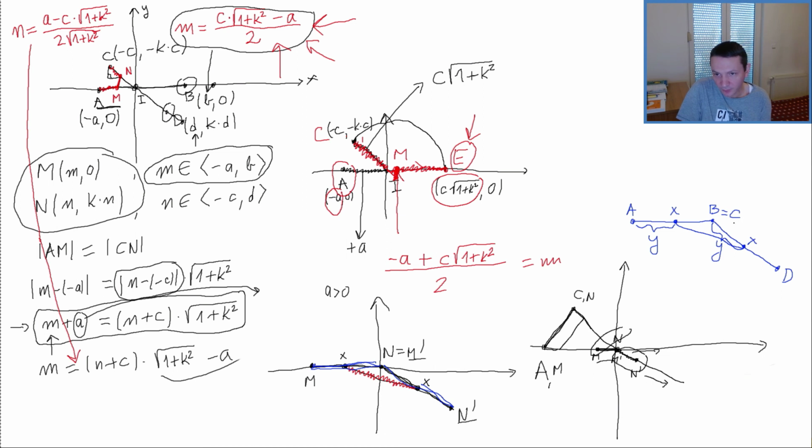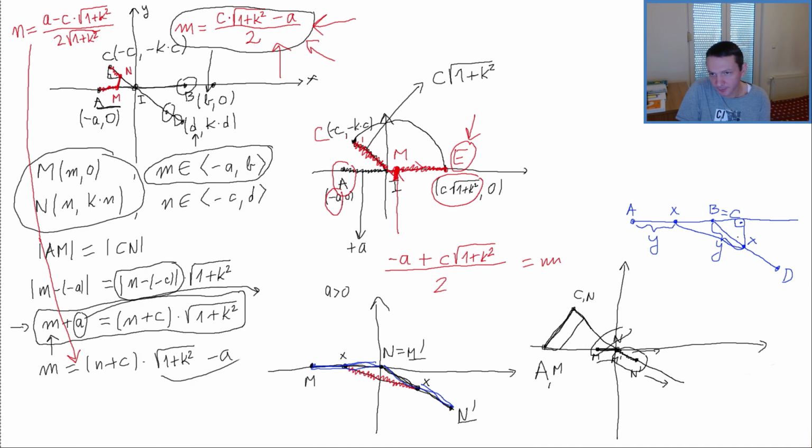And now we can simply calculate that distance by noticing another right triangle and applying the Pythagorean theorem again.